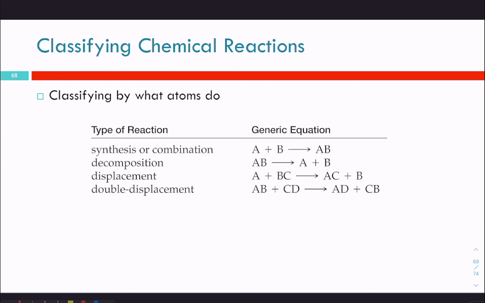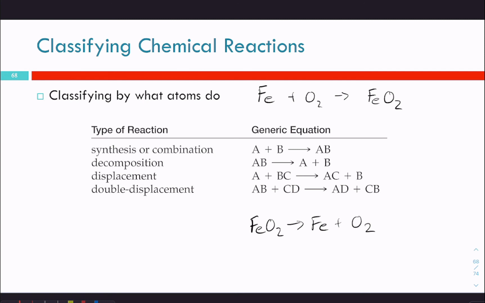It'd be like the iron rusting. Iron plus oxygen gives you iron oxide. A decomposition reaction would be like if you took this and reversed it. And so if we reduce that iron oxide to get back the iron, we get iron plus oxygen.